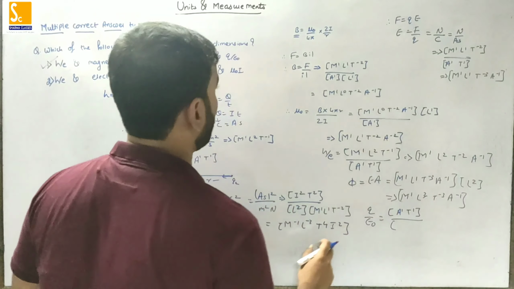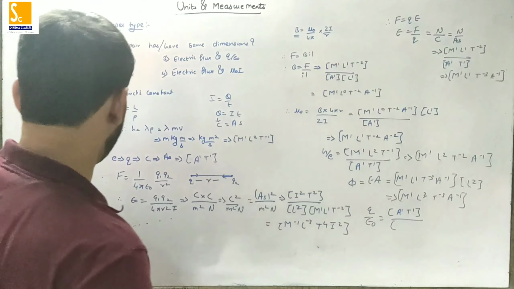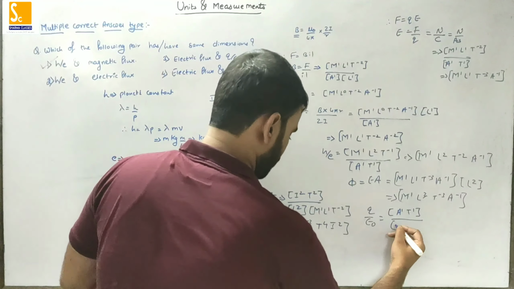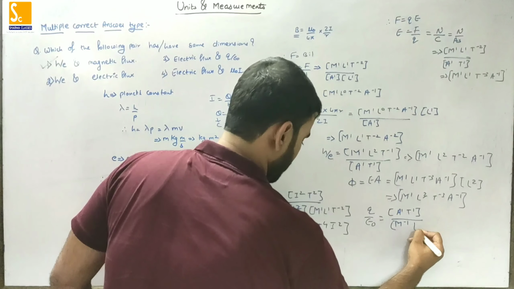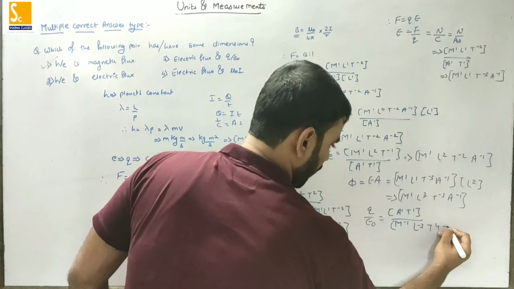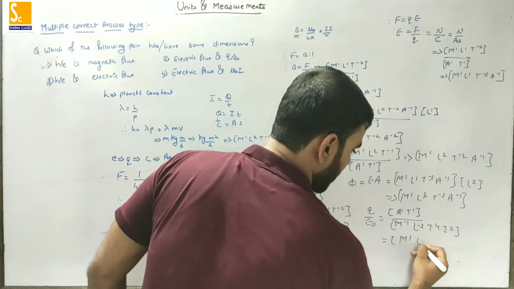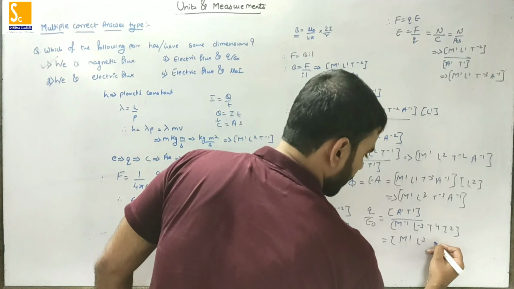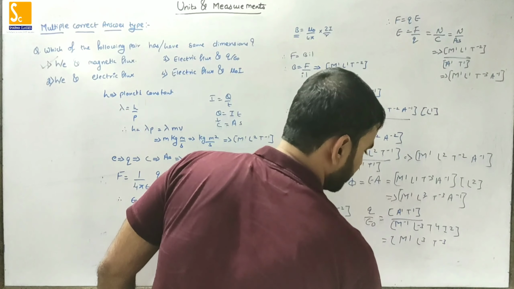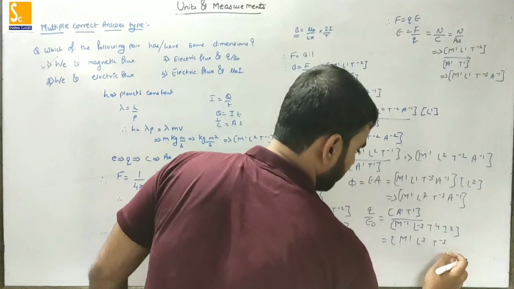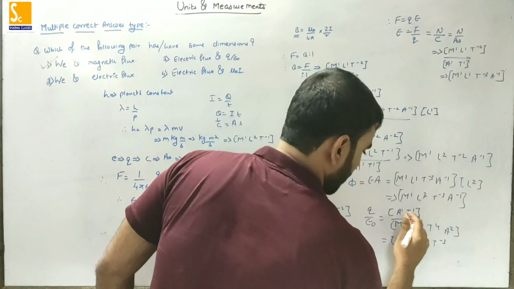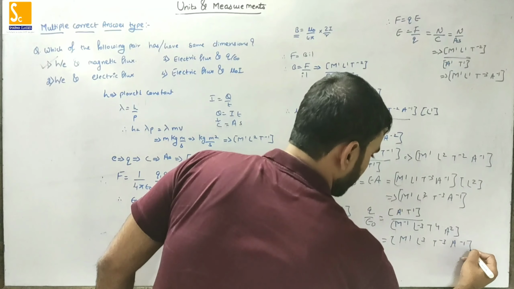Epsilon naught, the dimensional formula for epsilon naught is this part, M raised to minus 1 L raised to minus 3 T raised to 4 and A raised to 2. So when you solve this part, M raised to 1 L raised to 3 T raised to minus 3, and for A, 1 minus 2 comes out to be minus 1.